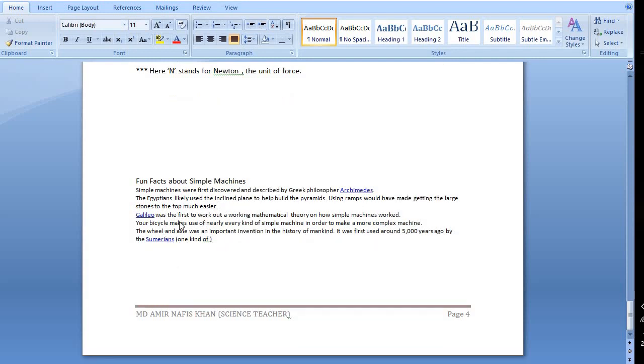Galileo Galilei was the first who worked out a working mathematical theory on how simple machines work. Your bicycle makes use of nearly every kind of simple machine in order to make a more complex machine. The wheel and axle was an important invention in the history of mankind. It was first used around 5,000 years ago by the Sumerians.